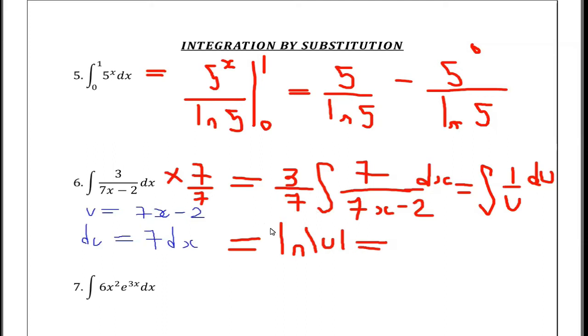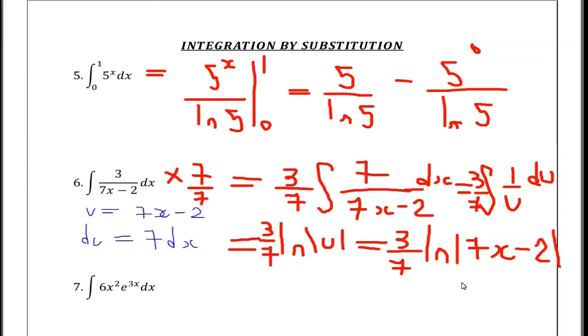So we have 3 over 7 ln u, and you put back what u was: 3 over 7 ln of 7x minus 2, plus some constant of integration, your plus c.